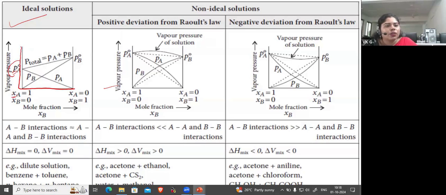Okay. So mole fraction, XA, you of course are dealing with a binary solution. Binary solution means there is component A also, there is component B also. Suppose I take mole fraction of A as 1 here. That means only mole fraction of A is there. It's in the pure form right now. Only A is there. But XB will be taken as 0.